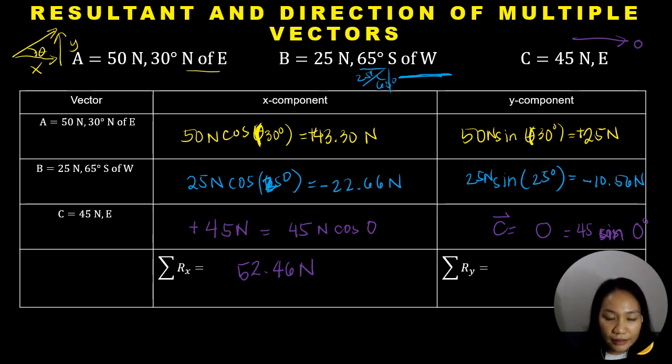Take note that this value is already rounded off to the second decimal place. And then for the y component, adding everything up, we get a positive 14.44 newtons. All right. Now, this is the third step. The last step is to determine the final value.